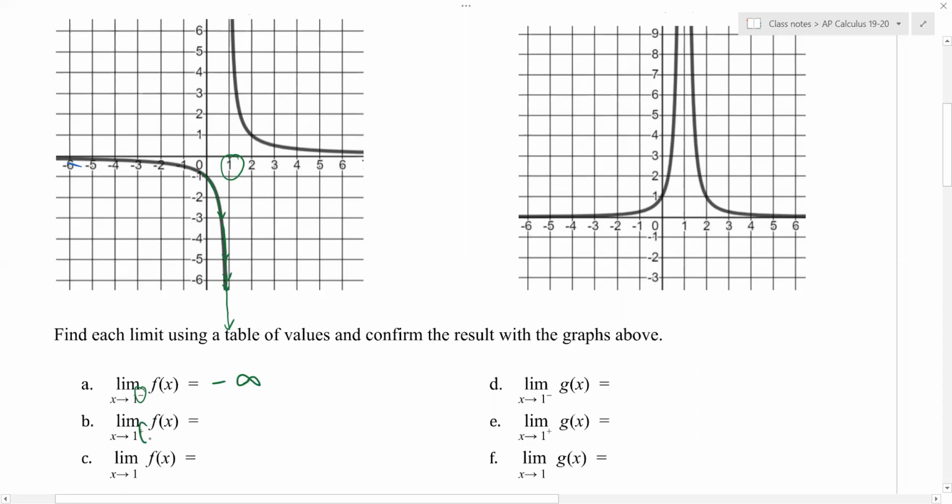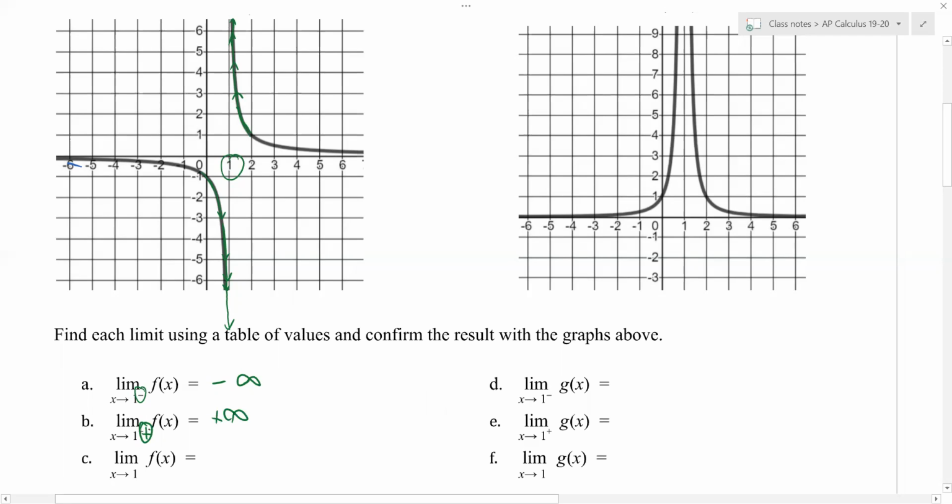And if we're going from the right side, remember that plus means from the right, we're going up from 2, getting closer to that x equals 1 line, and we're going up, up, up, and it looks like it's going up forever.